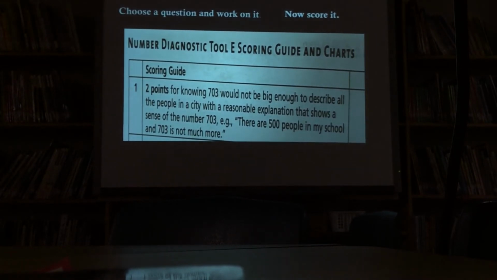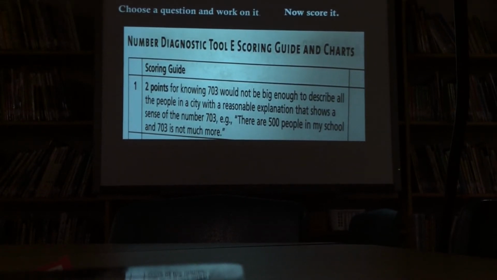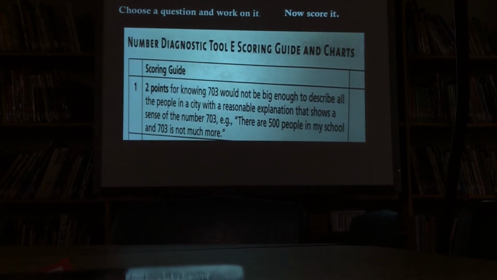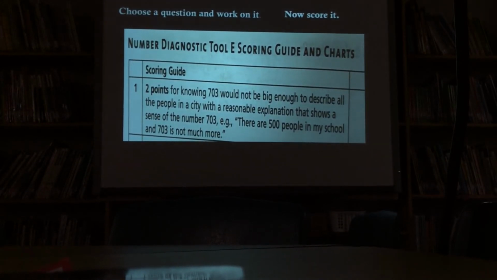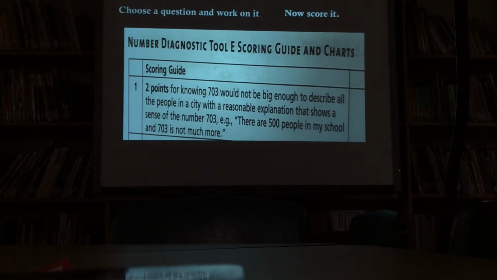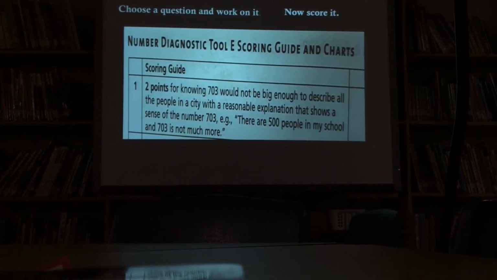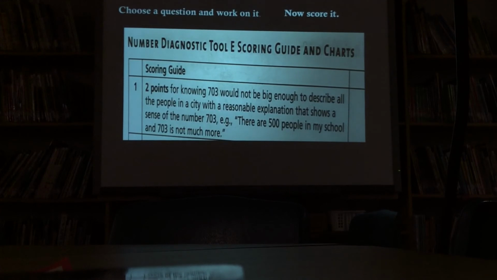Work with somebody else, call me, work with a partner that's doing it as well, because some are trickier to score than others. It's not as easy as checking an X. You really have to think about what the student is thinking.